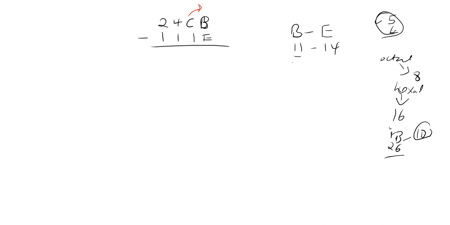We borrow 16 from C, which is in the next column. So when we borrow 16 from C, we add it to B. So we are going to have our 16, which we have borrowed, plus our B, which is 11, and this gives us 27.